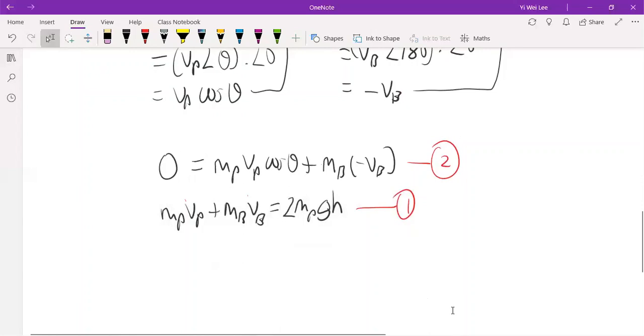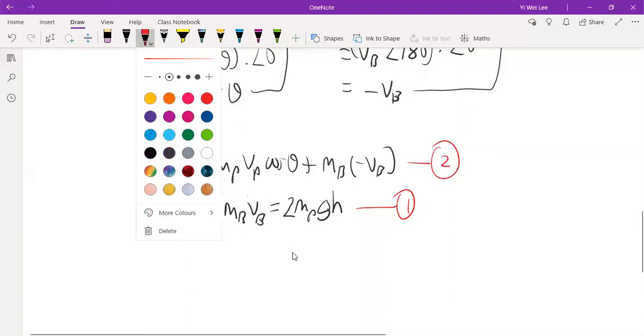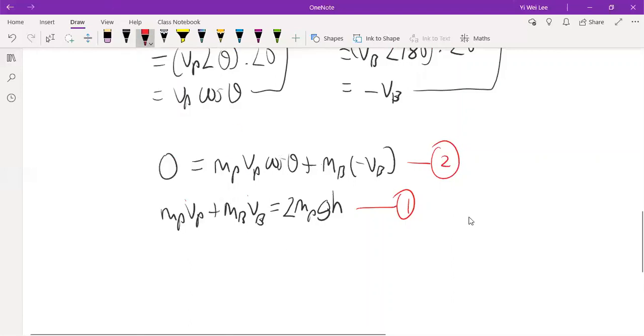Now look at this. This is our first equation, and this is our second equation. Let's take a look: how many unknowns do we have? We have the speed of P as an unknown. We have the speed of the block, VB, as an unknown. This is speed, not velocity, because we assume no direction.